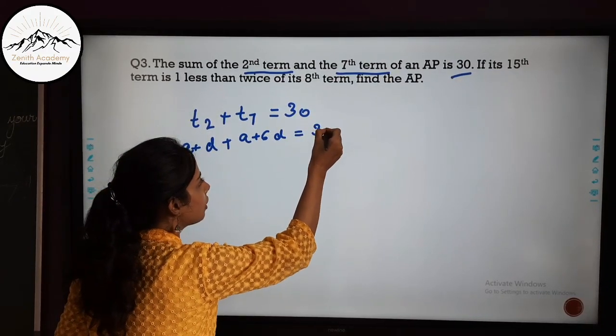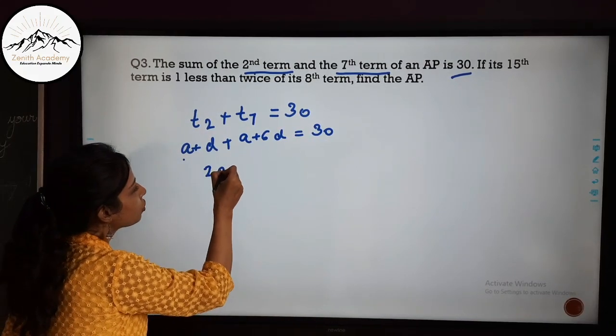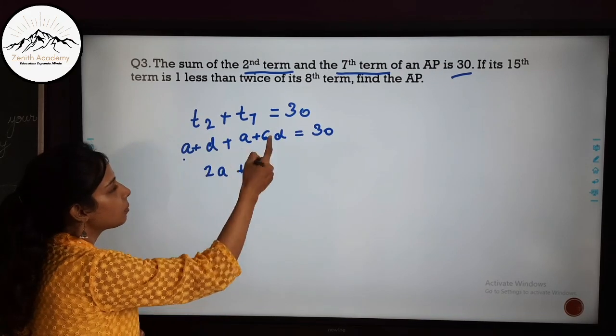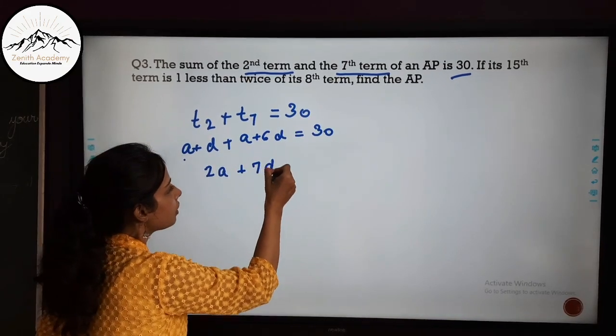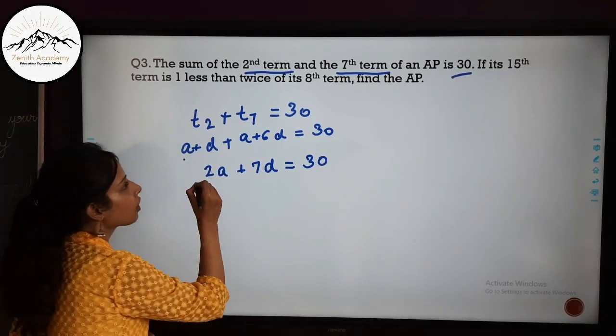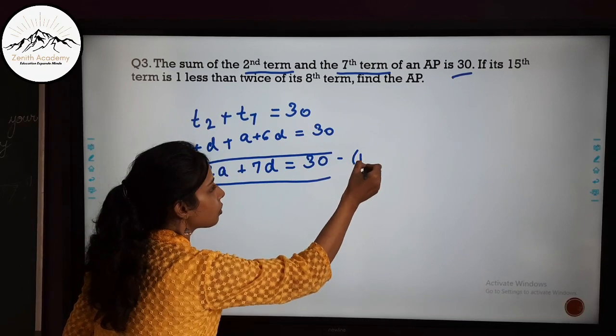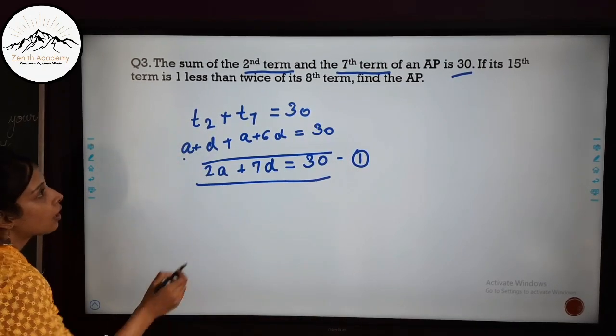This is equal to 30. A plus A is 2A, and D plus 6D will give us 7D, is equal to 30. This is our equation number 1.